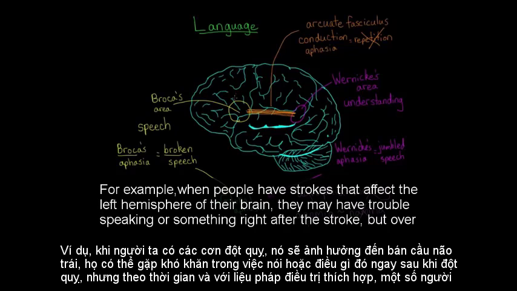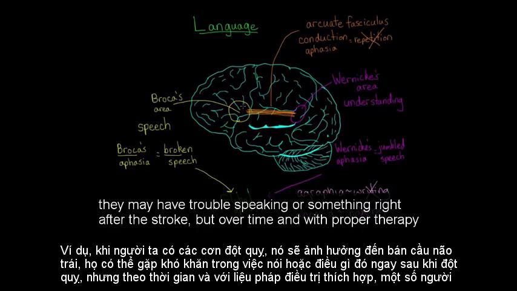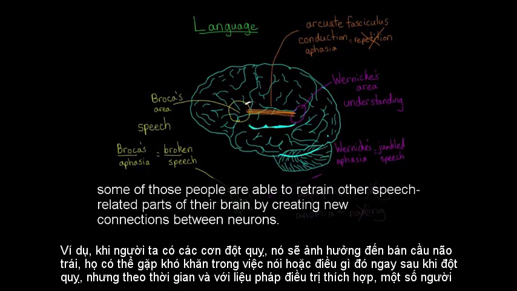For example, when people have strokes that affect the left hemisphere of their brain, they may have trouble speaking or something right after the stroke. But over time and with proper therapy, some of those people are able to retrain other speech-related parts of their brain by creating new connections between neurons.